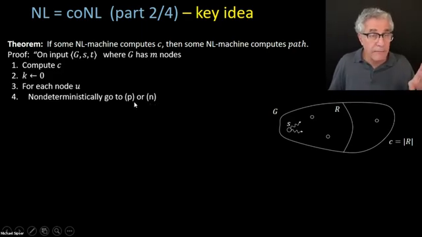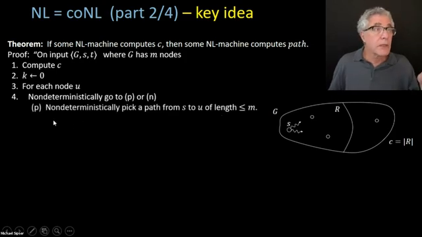P means there's a path, and N means there's no path. So if I've guessed P at this point for this node U, so I'm going through each of the nodes one by one, and U is the current node. If I've guessed that it does have a path from S, then I'm going to guess that path to make sure that it really is a reachable node.